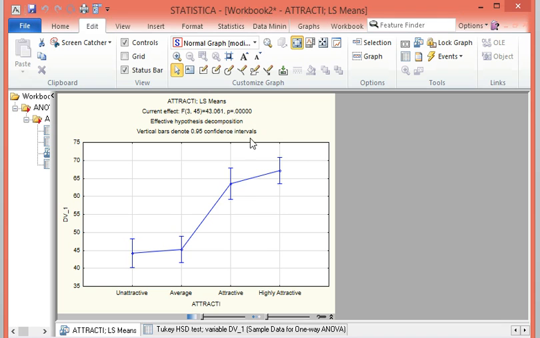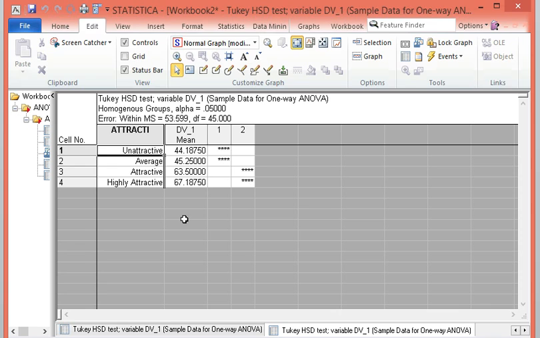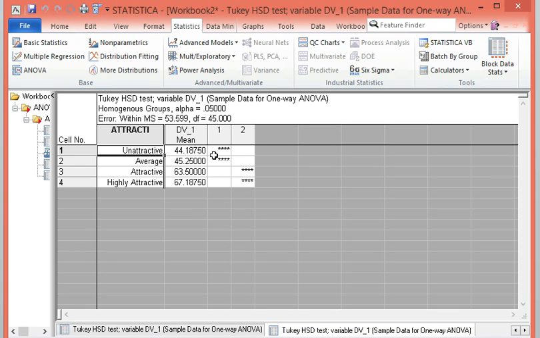Now the data also shows us that there seem to be two homogeneous groupings. So let's check on that. Let's click on homogeneous groups, and then click OK again, and there. So there are two homogeneous groups.